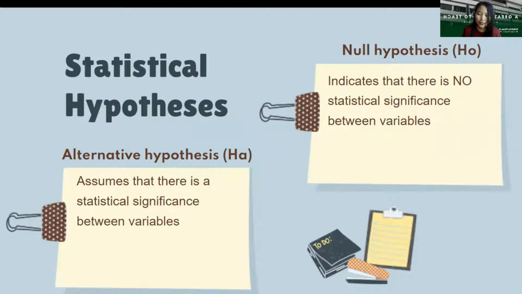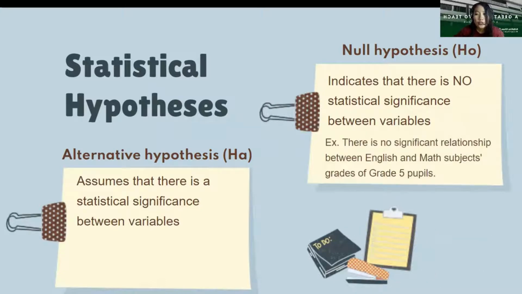So in this kind of hypothesis, we are already assuming the possibility of no relationship or statistical significance between the variables. For example, there's no significant relationship between English and math subjects' grades of grade 5 pupils.